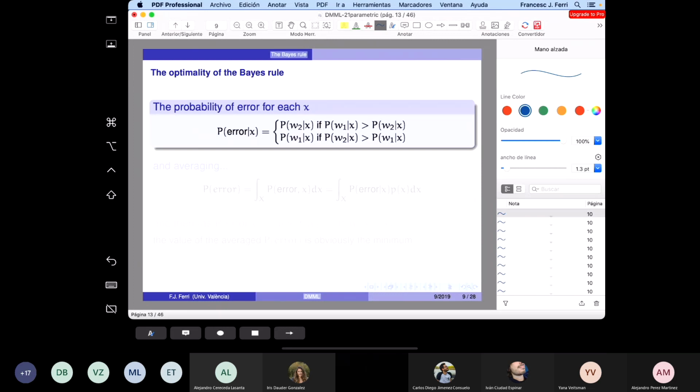If the posterior of 1 is greater, this means that our predictor, the optimal predictor, has said class 1, but the posterior probability of class 2 is not 0. So this probability is the probability of error at this point.